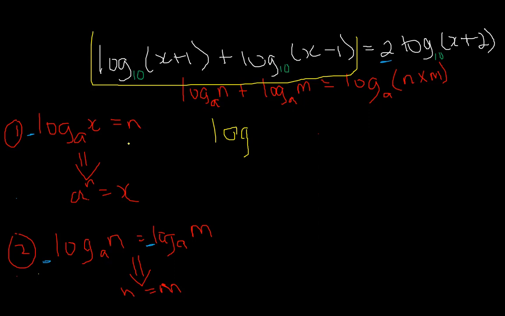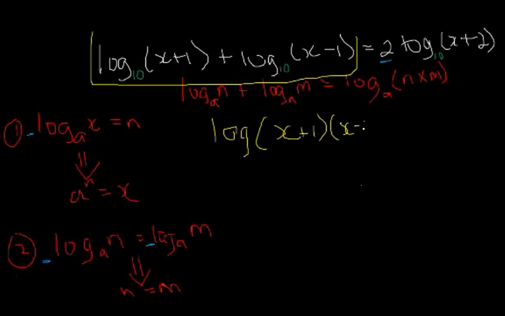Going once, going twice. Okay. Well, according to my rule, this expression is going to become log of x plus 1 multiplied by x minus 1. Remember, if I just see log by itself, I just assume it's to the base 10. So you could write the 10, you don't have to write the 10. It's assumed, like I said.